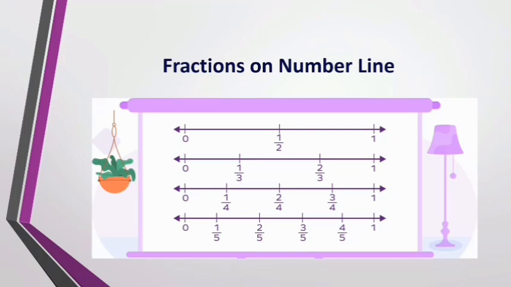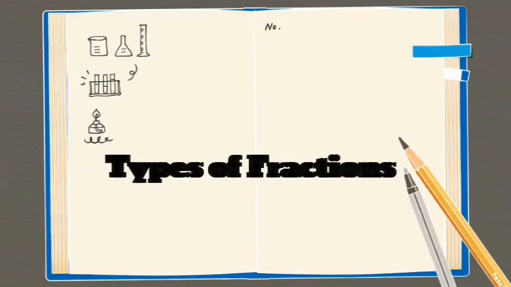In the fourth distribution you can see 1 by 4, 2 by 4 and then 3 by 4. Means if the line is divided into 2 equal parts, the denominator will be 2. If the line is divided into 3 equal parts, the denominator will be 3, and so on for 4 and 5.